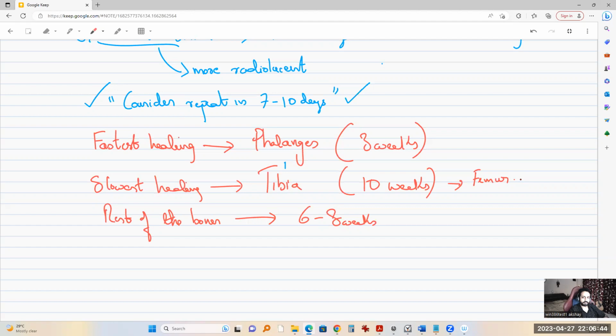For a bone to heal, it requires three things: good blood supply and nutrition, and there should be stability. These are the three prerequisites for a bone to heal properly. Just remember this.